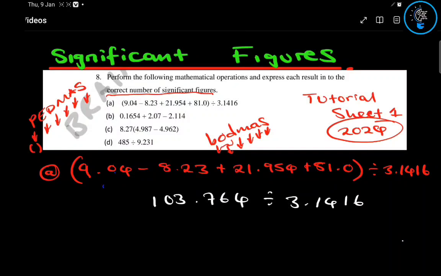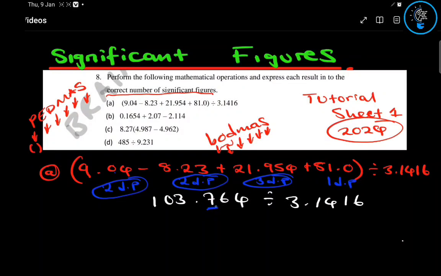So this one has 2 decimal places. This one has 2 as well. This one has 3 decimal places. And this one has 1 decimal place. So your answer must have 1 decimal place.